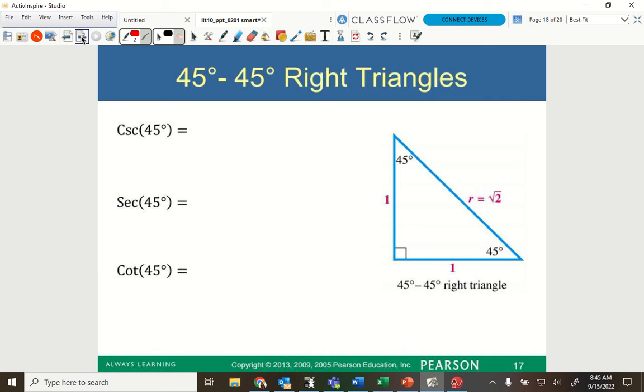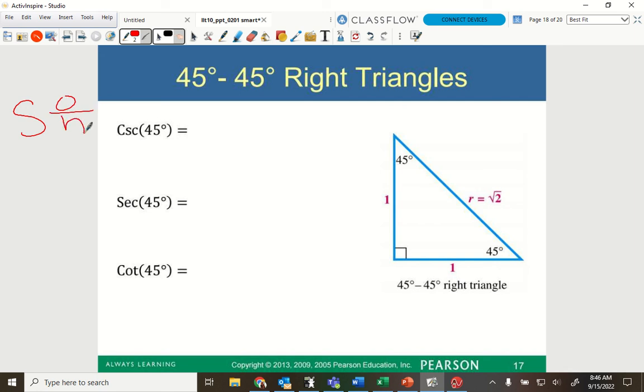Now, let's go back to this one. Now let's talk about reciprocals. Reciprocal would be for each one. So, do we know what sine is? Sine is opposite over hypotenuse, right?